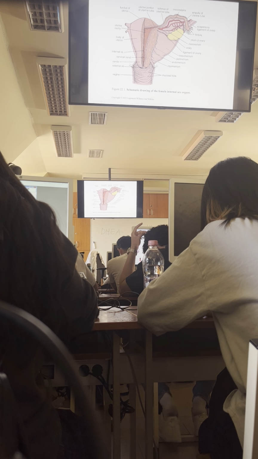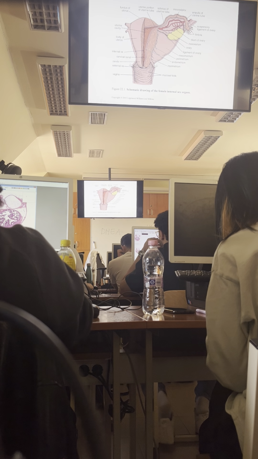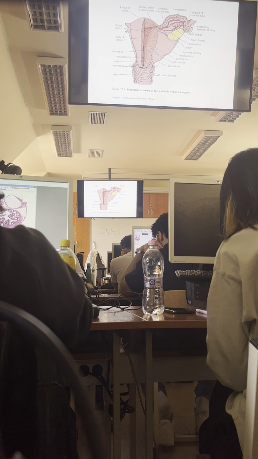So we must assume that movement of cilia and these muscle contractions are in favor of the egg cell to get transported towards the uterine cavity. But if it is so, then it is against the movement of the sperm cell. So that's a kind of difficulty for the sperm cell to reach the egg cell.